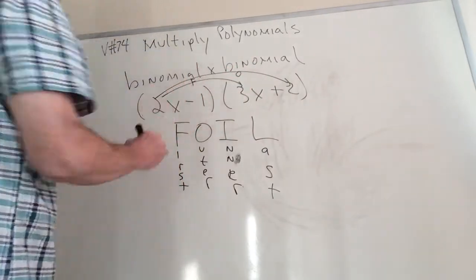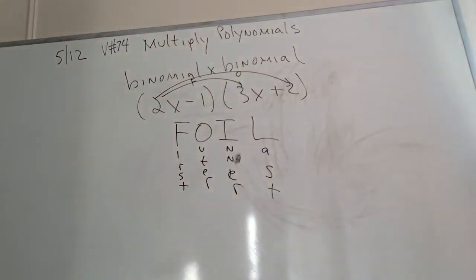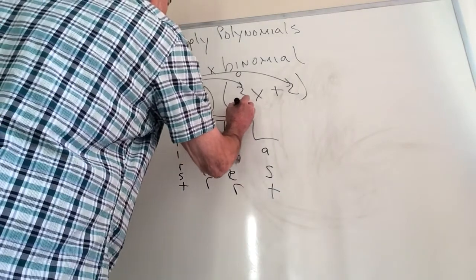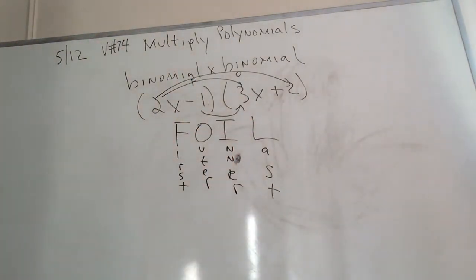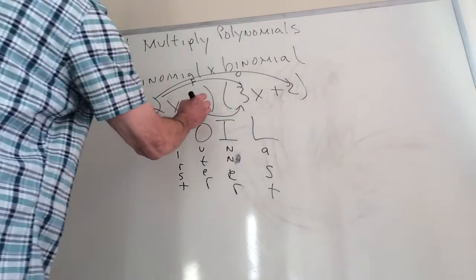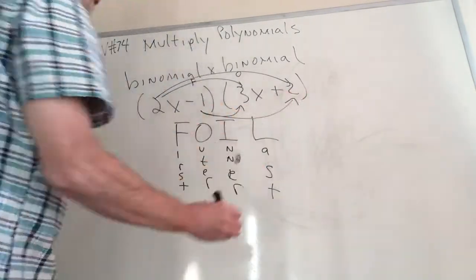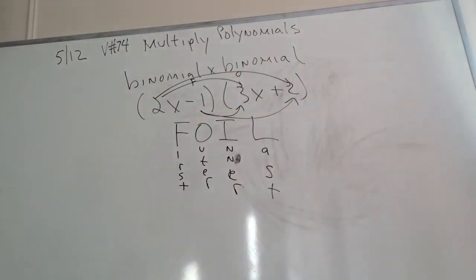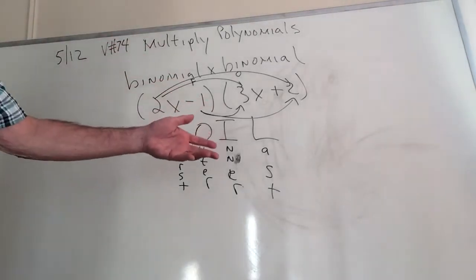I'm just teaching it because it's in all the books, and when I do mental math, I use this method as well. There's your inner terms being multiplied, and there's your outer terms being multiplied, okay? So I'll leave this here just for a second, so you can see that you multiply 4 times. You can get up to 4 terms.